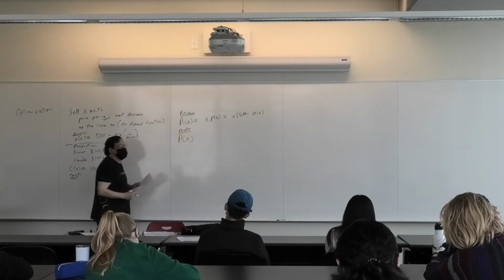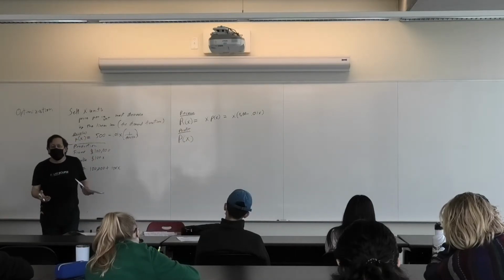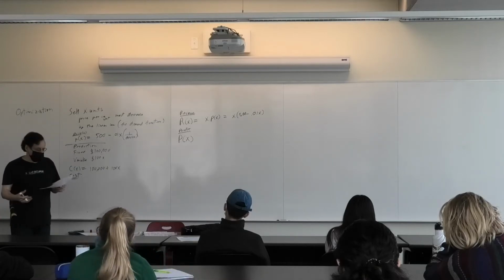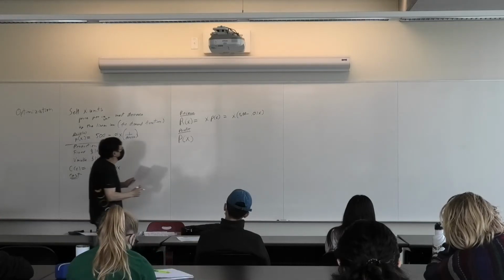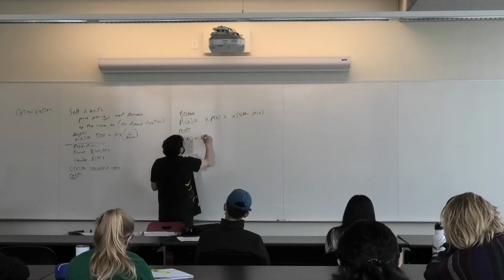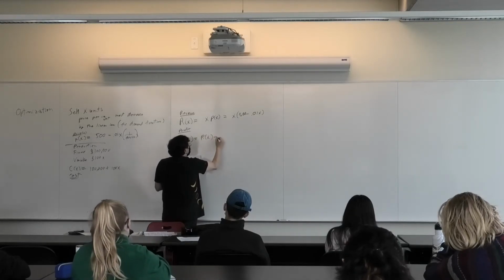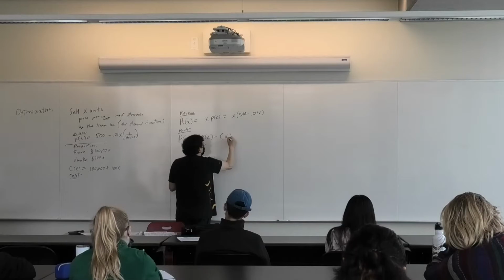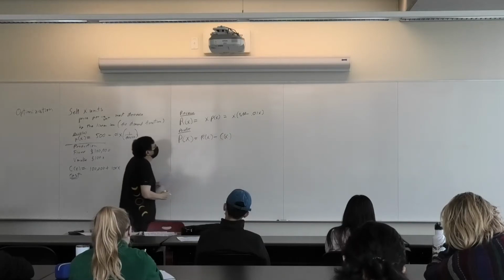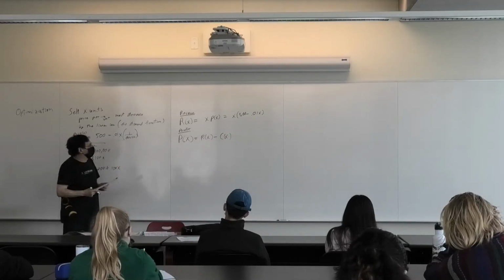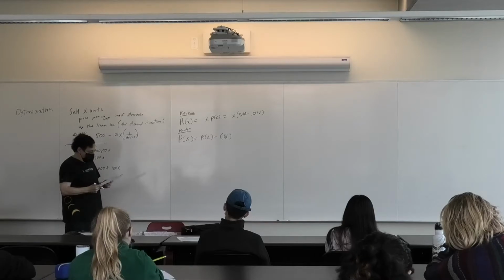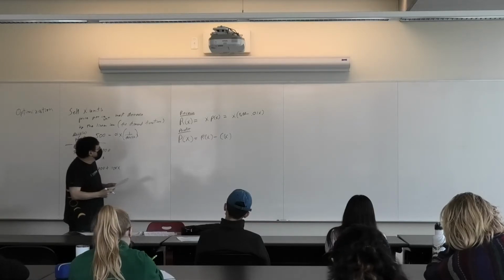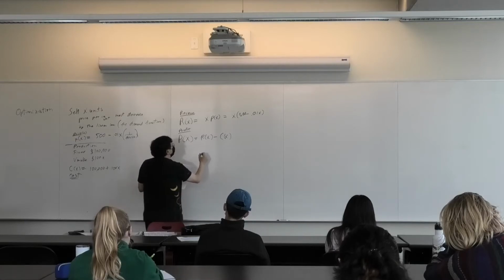Okay, so we're business people, we want to maximize profit, so this is what we're really interested in. The profit is the revenue, how much we bring in, minus our costs. All right, that's pretty straightforward. Let's plug everything in here.